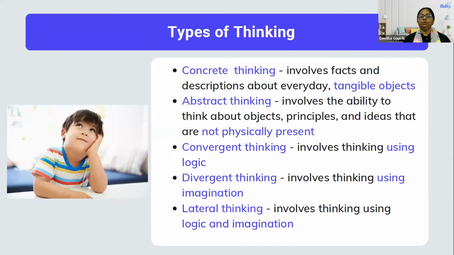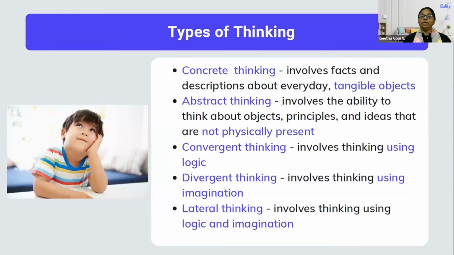Or you can give certain situations. Divergent thinking is more open-ended, because there are different ways in which a problem can be solved. Different people think differently, their imagination may be different, and different ideas may come because of divergent thinking.